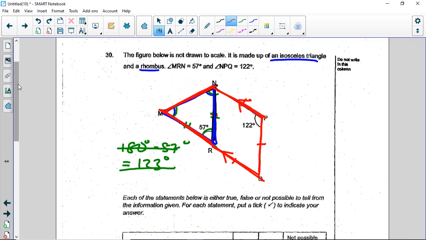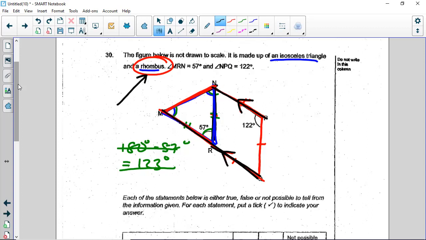Now, if you look at the rhombus, what do you know about a rhombus? A rhombus has two lines which are parallel. So if it's a trapezium, isn't that also the same? You have two lines parallel in the trapezium. Why do you know it's a trapezium? Because a trapezium has only two lines parallel. So there is a rhombus in the diagram.